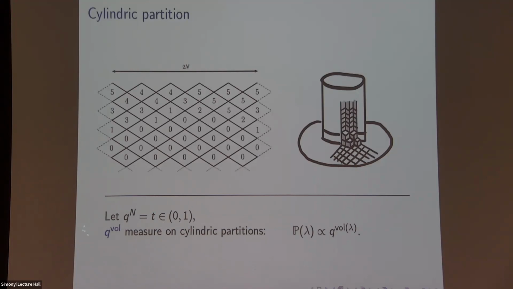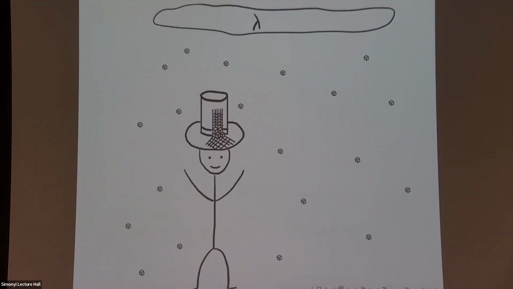Together with the Q to the volume measure, I want to introduce another model on cylindric partitions. But before I do this, let me show you a tiny cartoon, which is going to help us to understand the second construction. This is Jack. Jack likes to wear a top hat and spend time outside.